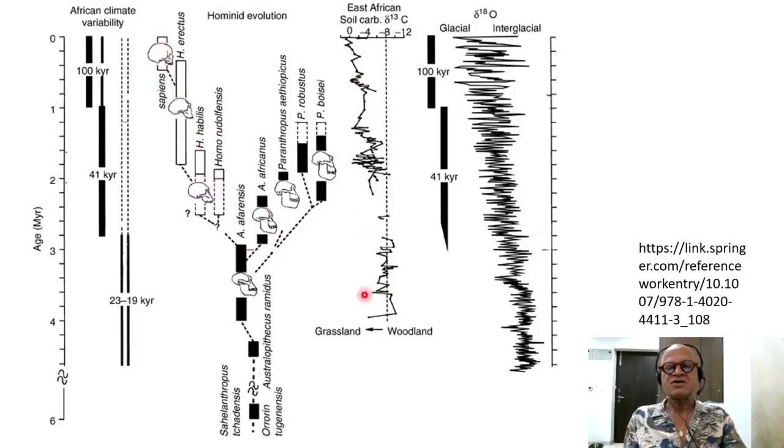So you can see here the transition from woodland to grassland around this time, and a record of temperature change recorded in benthic delta O18 shows interglacials here, obliquity period at 41,000 year dominating on the 41 kilo year time scale here, and the 100 kilo year eccentricity time scale, glacial interglacial periods.